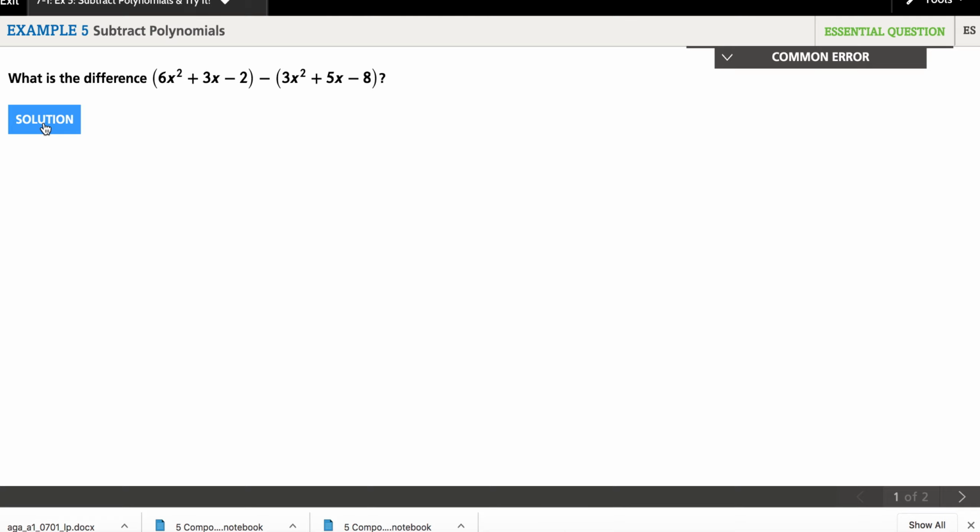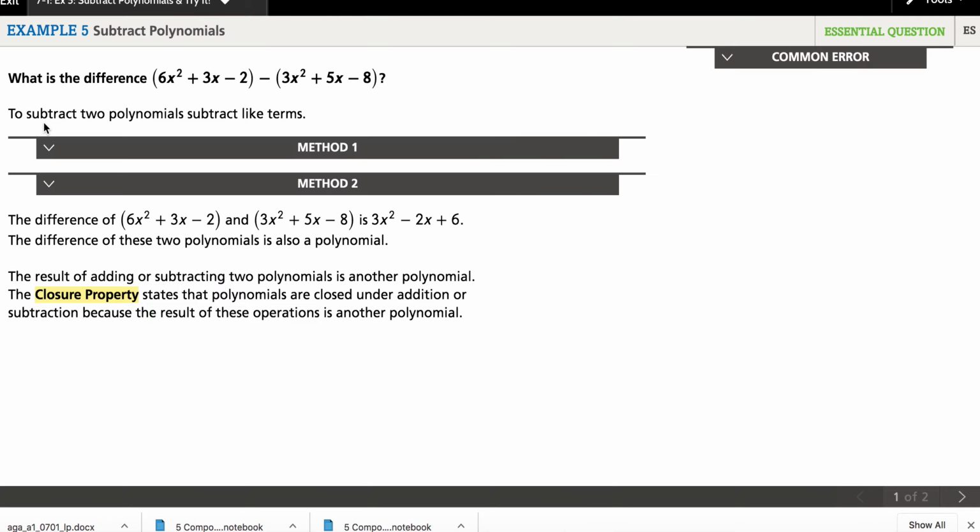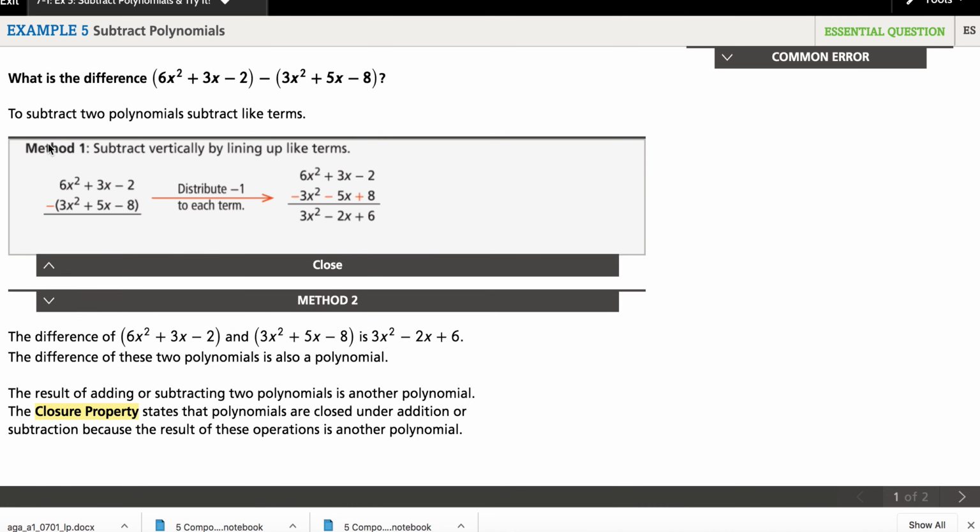Okay, let's see these two quantities. As I said, use the same strategies, same methods as we did with adding polynomials. The first method will be subtracting them vertically by lining up like terms. Now, the point here is that we are using parentheses, but when we get rid of parentheses, you have to pay attention to distribute -1 to each term.